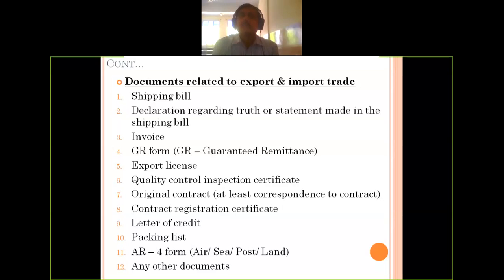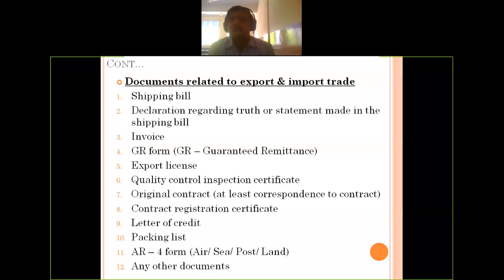Correct? So that months together were guaranteed remittance in case if it is not being provided, then to safeguard yourself as an exporter, original contract is one of the correspondence activities where you can showcase as a proof.